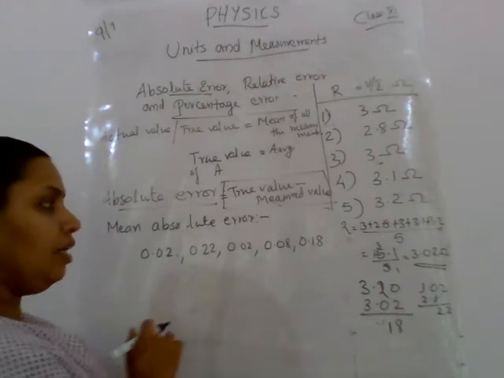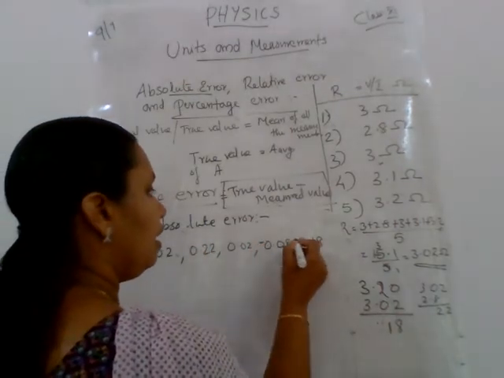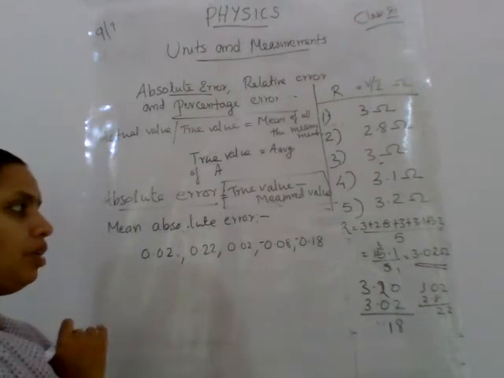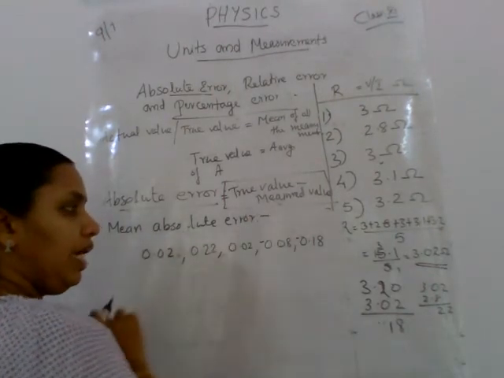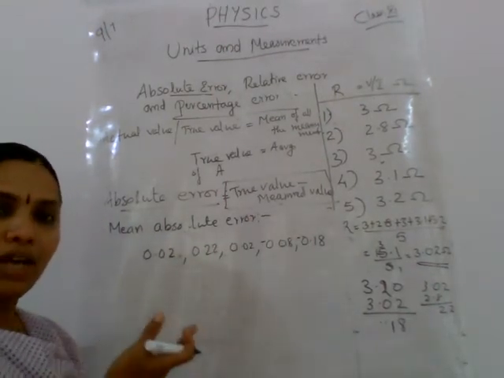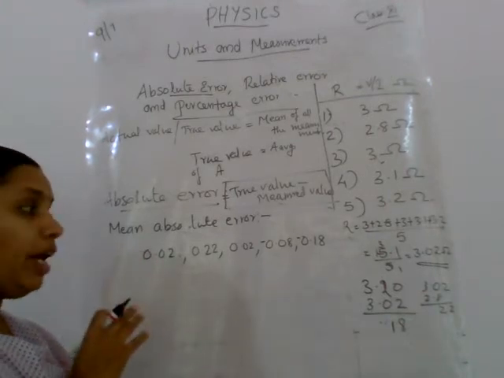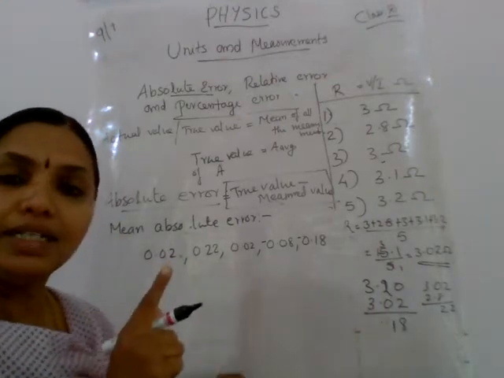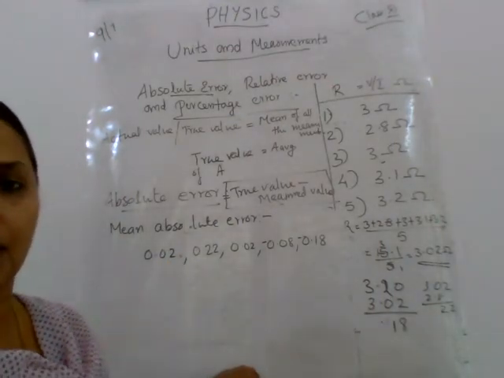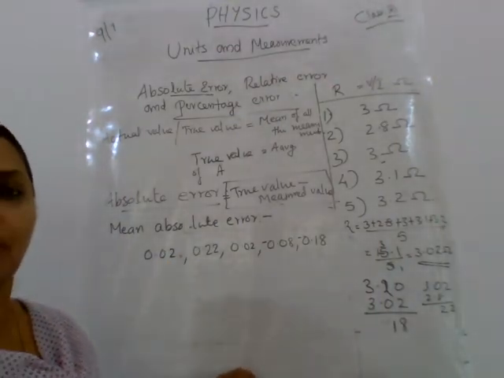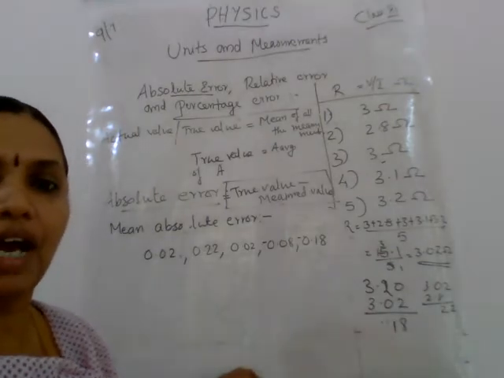Here it is negative and here also it is negative. So the mean absolute error is the mean value. So it is the mean value of what? Mean value of the magnitude of the absolute errors.